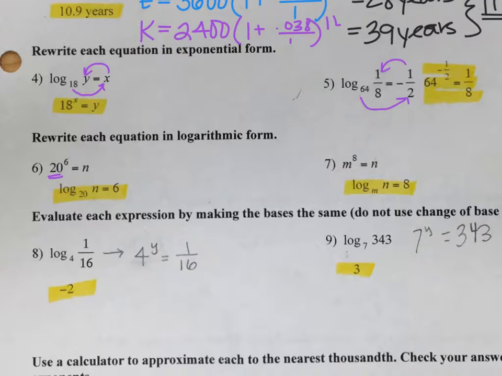Just remember that circle every time. Same thing on number 7, m is the base. 8 is the exponent, so it goes on the other side, and n is my answer, so that goes right here. You just have to remember that circular pattern every single time.